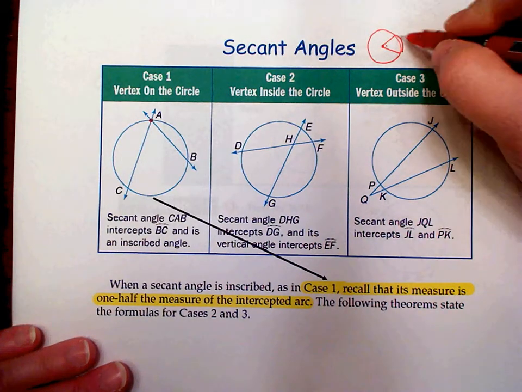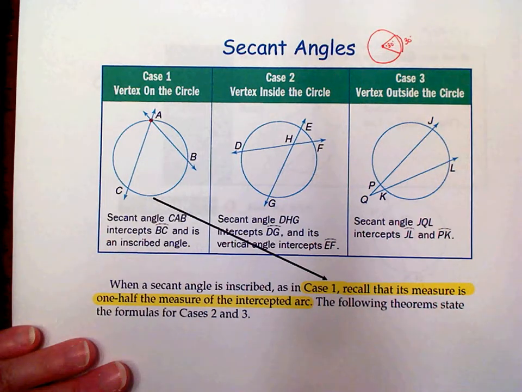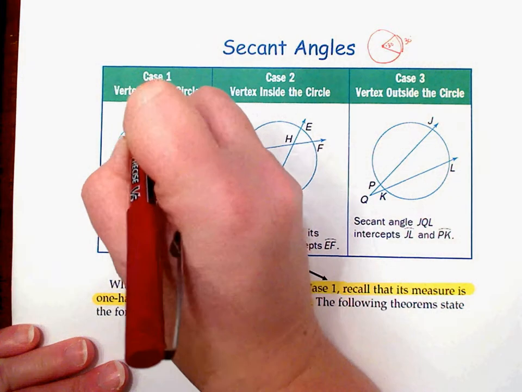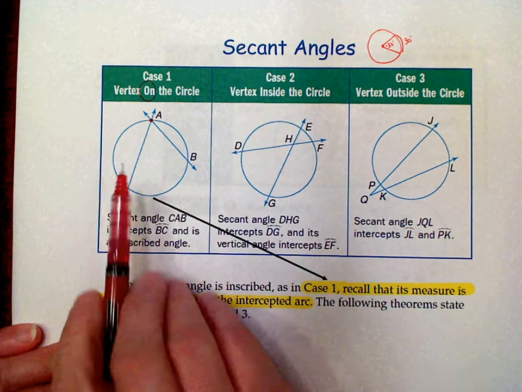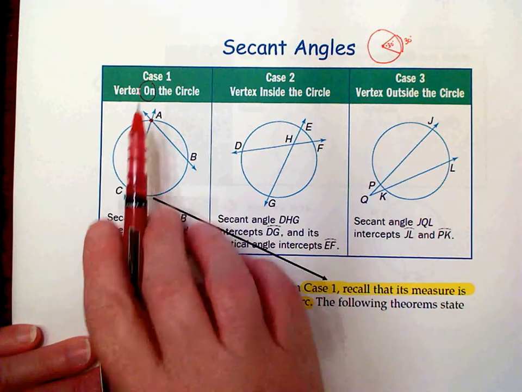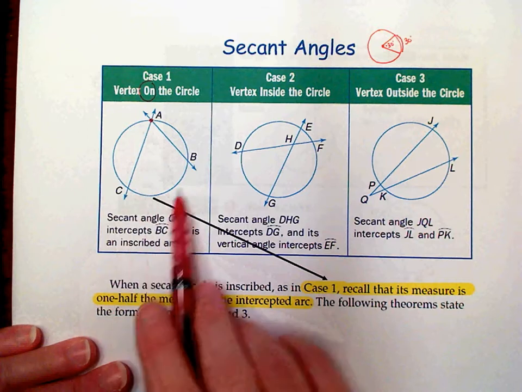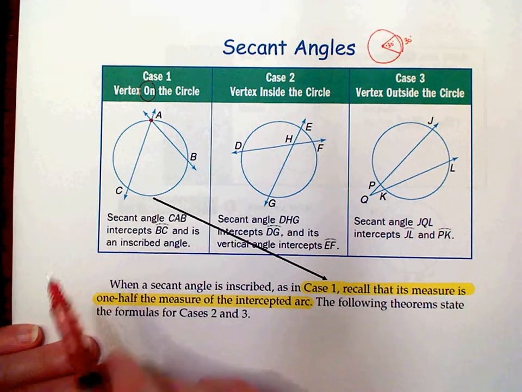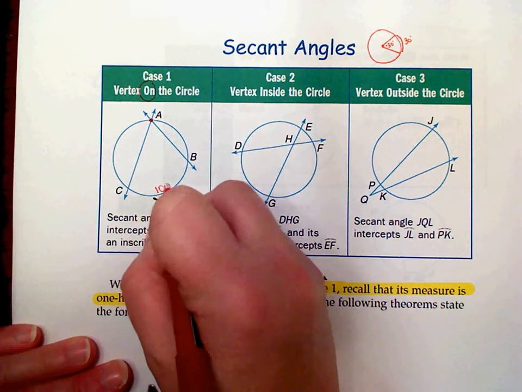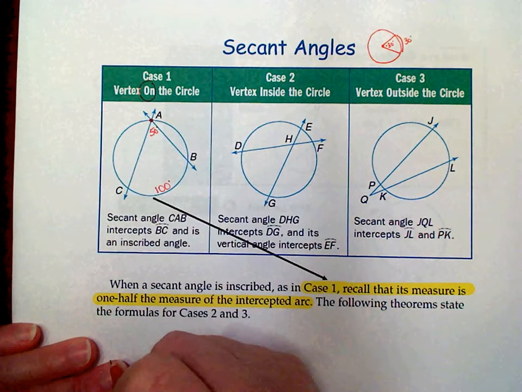So if the arc was 30 degrees, the angle was 30 degrees. Then we learned what were called inscribed angles, and that's when the vertex is on the circle. And that's exactly what this is. This is an inscribed angle. So remember, when the vertex is on the circle, the angle is half of its intercepted arc. So if this arc was 100 degrees, angle A here would be 50 degrees because it's half.